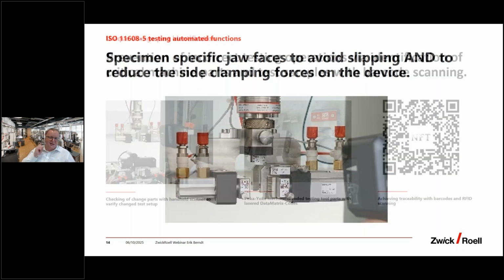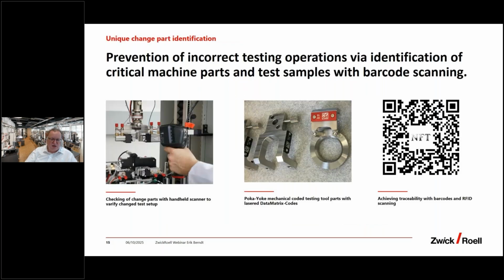And with the change part, we also introduced a mechanical Poka-Yoke system, because you can use multiple autoinjectors on one machine with different change parts, so that you are not mixing up these parts. There is a mechanical feature so that you can place only the right parts in the right position.